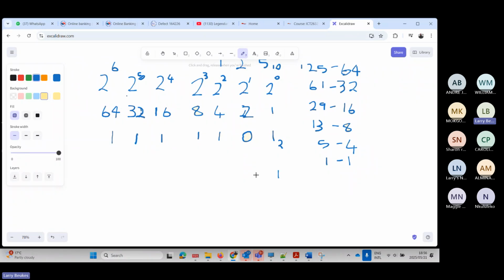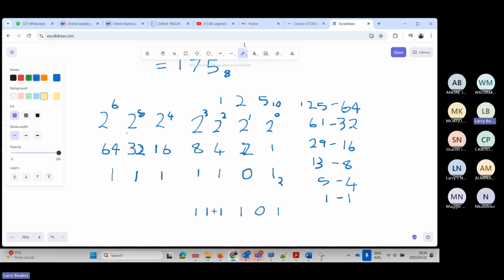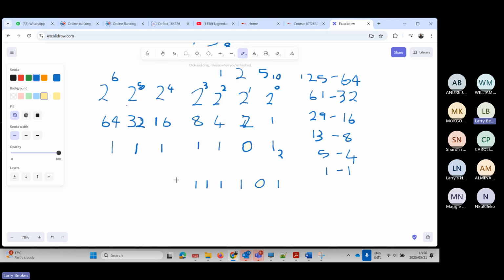So here we have 1, 0, 1, right? We're going to group in groups of 3. 1, 1, 1. I can already tell this is 7, this is 5. So our answer was right. Then 1, 1, 1. So we are left with only 1, right?